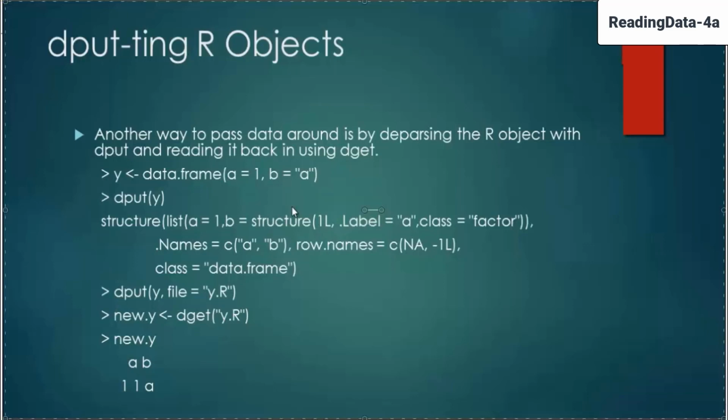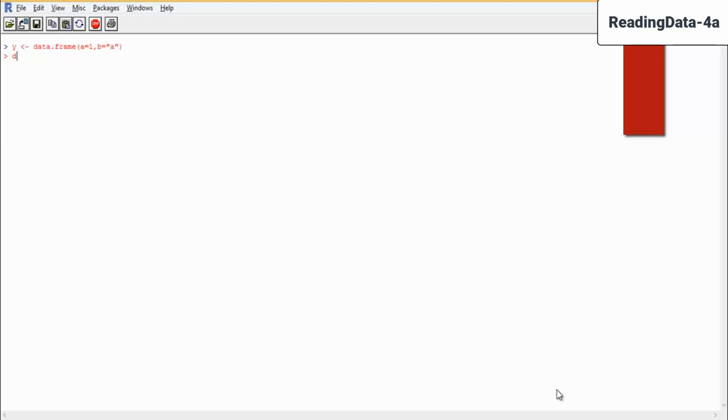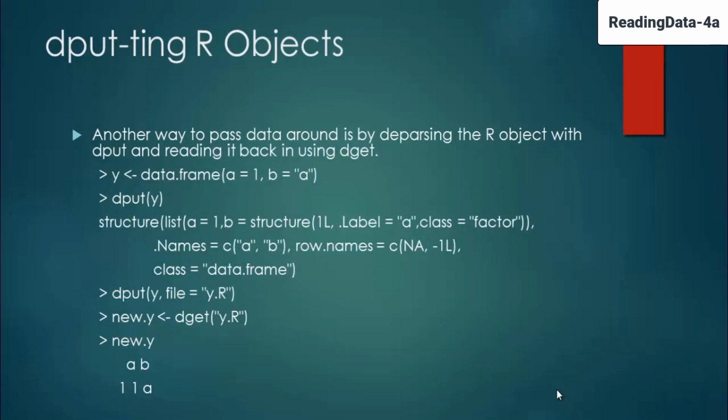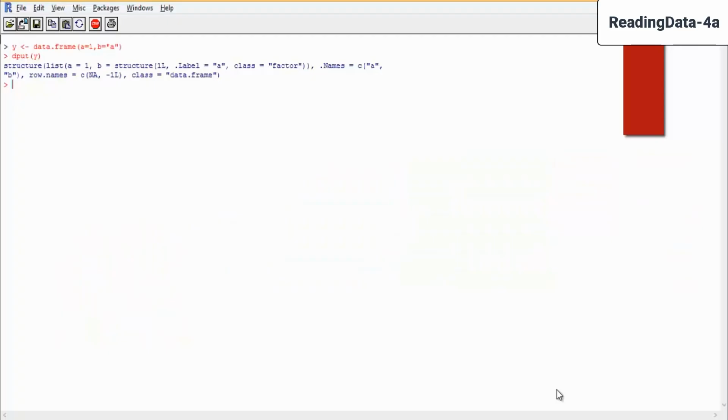Now this data frame is created. Now what does dput of y tell you? So it tells you the structure of every column and the metadata associated with it. There are one numeric and one character, and here as you can see the metadata also gets stored in dput of y.